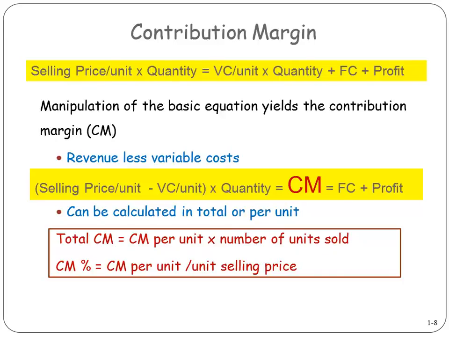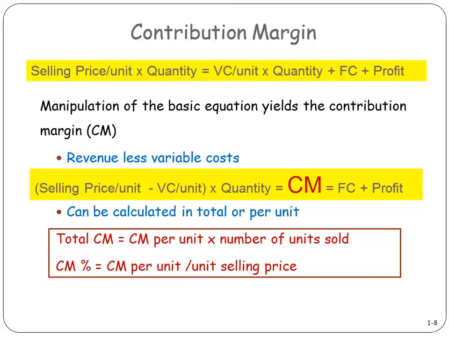You can figure out your contribution margin per unit, not multiplied by quantity, or in total. The contribution margin percent, just a different concept, is the contribution margin per unit divided by the selling price.